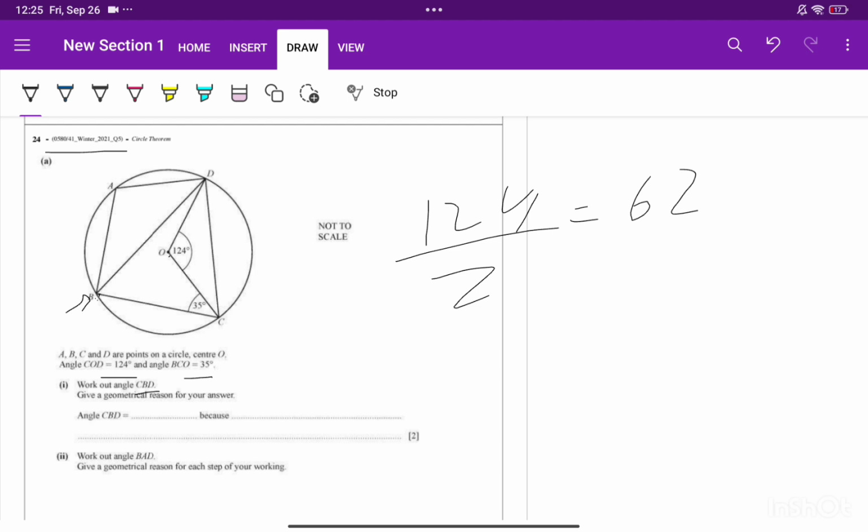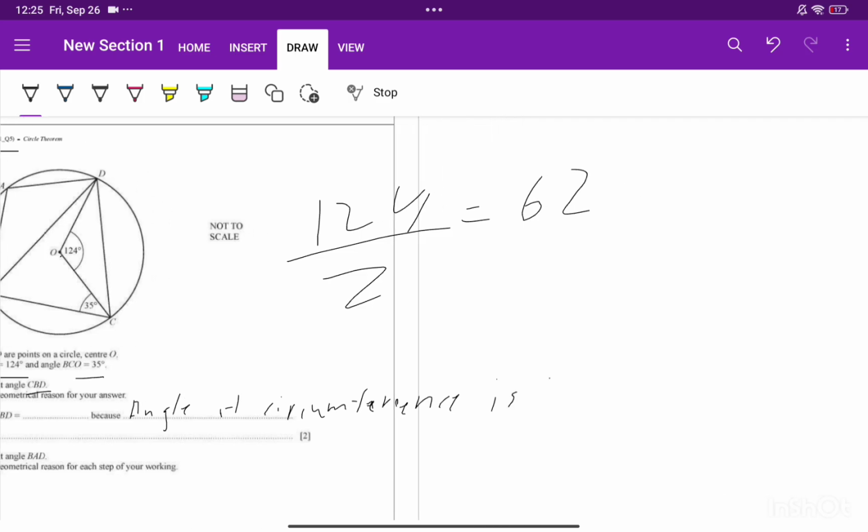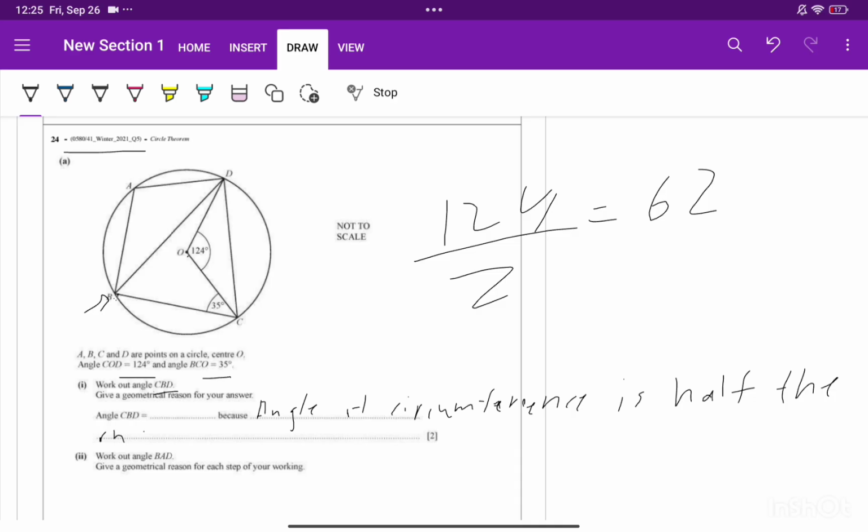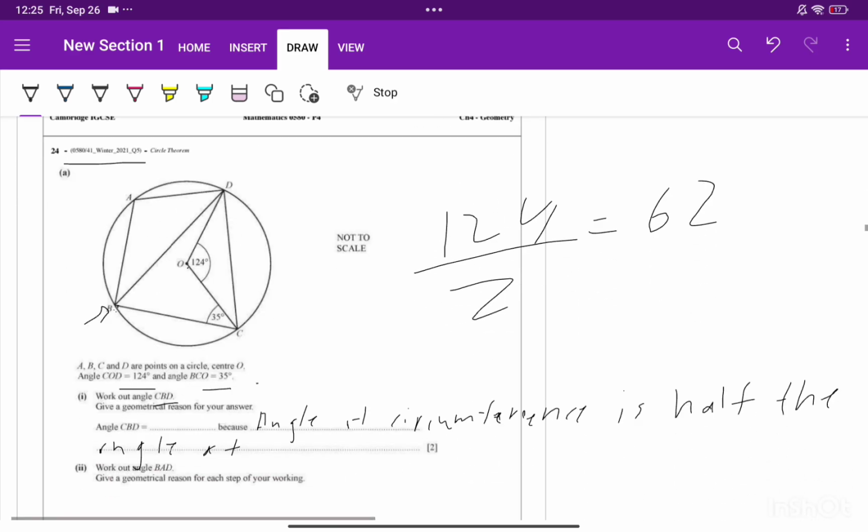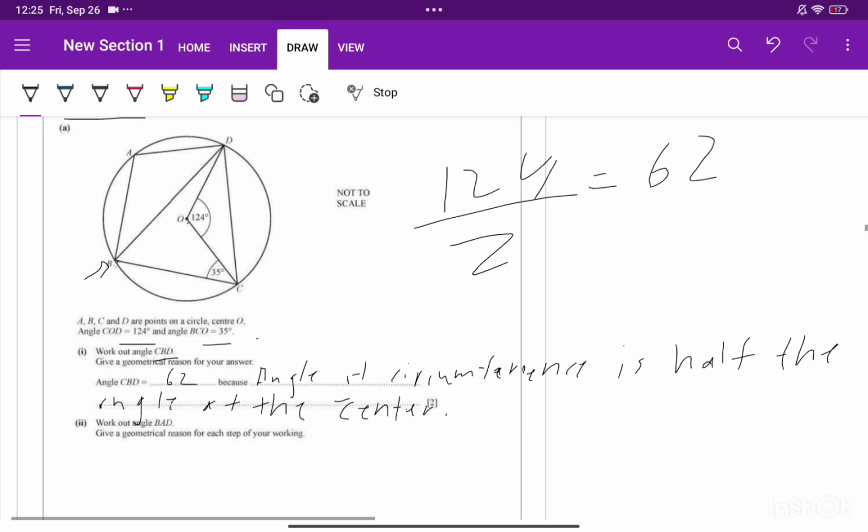So we can write the reason like: angle at the circumference is half the angle at the center. Okay, this will be 62.